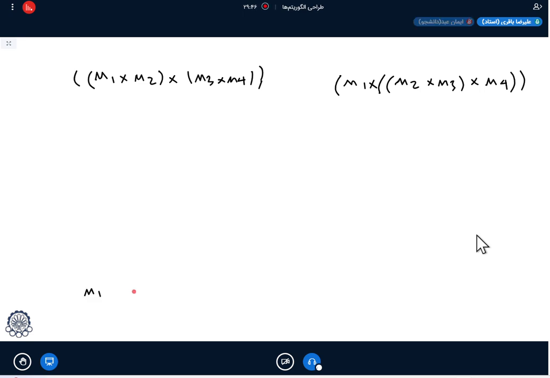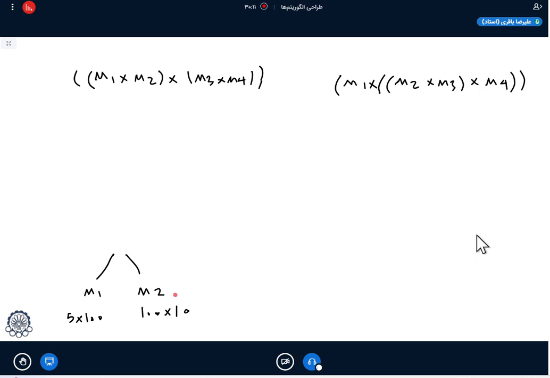On the left side, m1 is multiplied by m2. The dimension of m1 is 5 rows and 100 columns. The dimension of m2 is 100 rows and 10 columns.